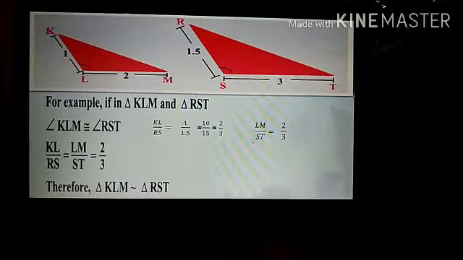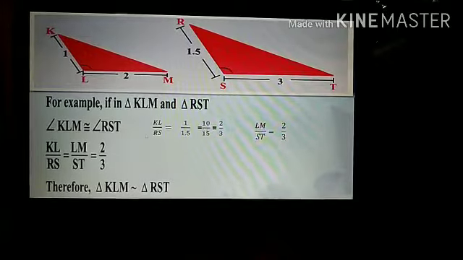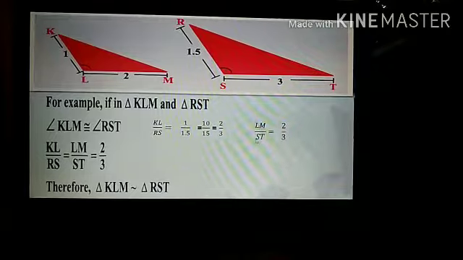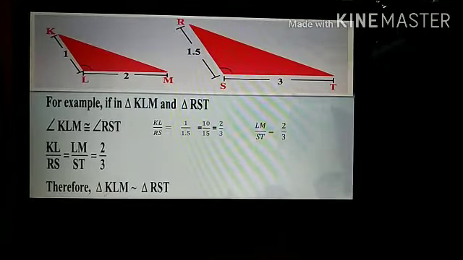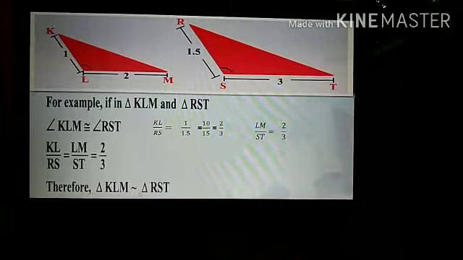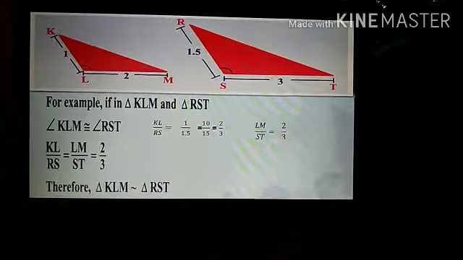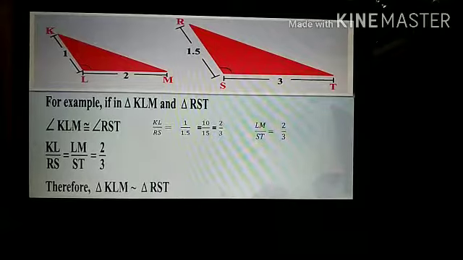For LM upon ST, the ratio is equal to 2 upon 3, where both the ratios, that is KL upon RS is equal to LM upon ST is equal to 2 upon 3. Therefore, we can say triangle KLM is similar to triangle RST by SAS test of similarity.